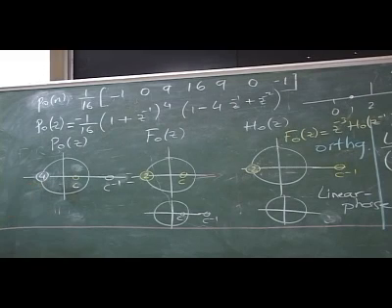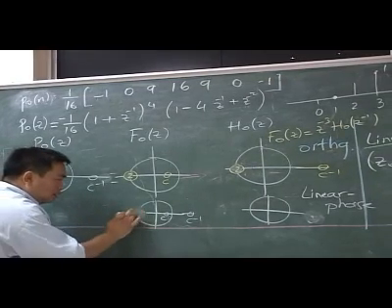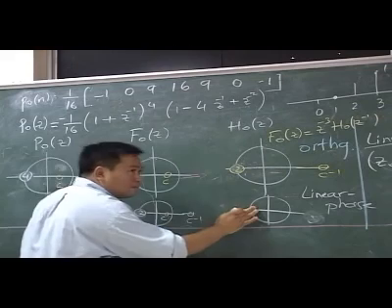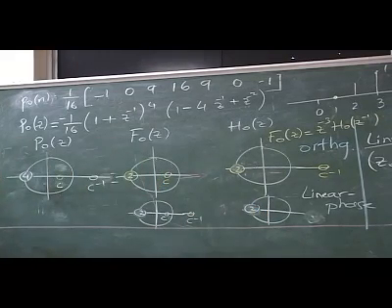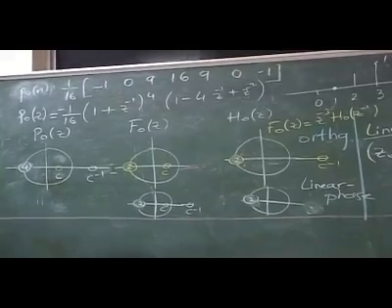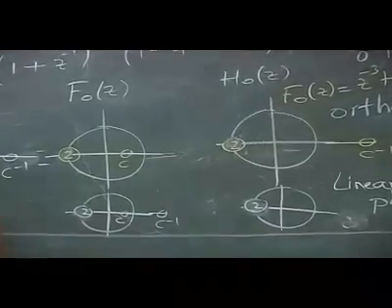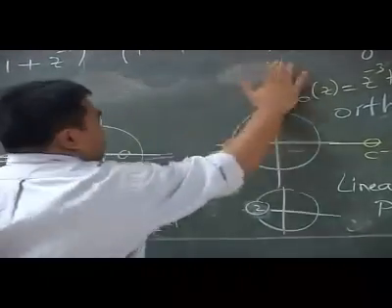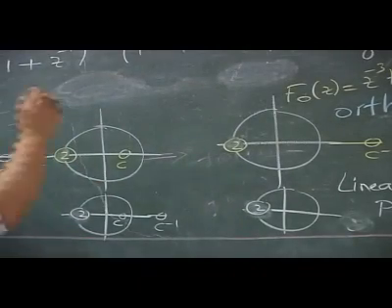How do I distribute the 4 zeros at minus 1? What are the choices? 2 zeros here, 2 zeros there. What are the other choices? And the other 0. Can I erase this? So red color is linear phase.